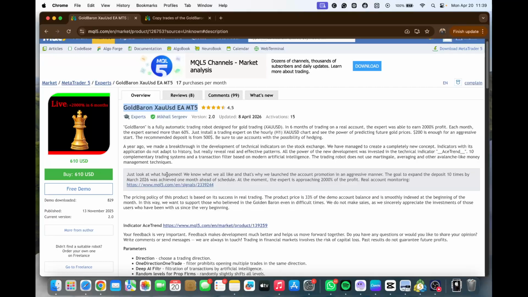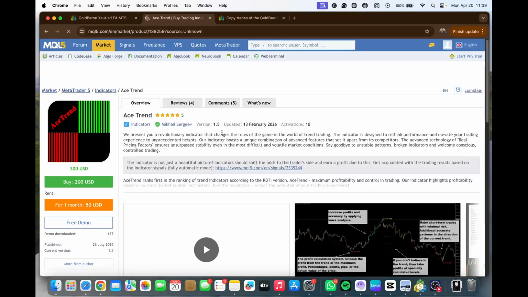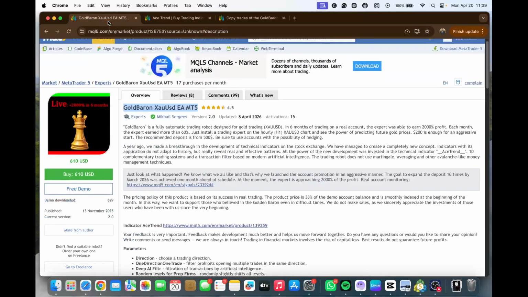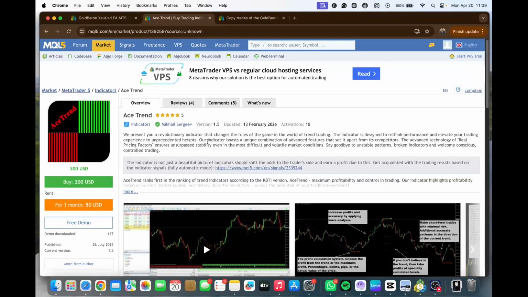the hood. And this is the ACE trend indicator I was talking about, which this EA is based on. Now, this EA is built around this indicator, and the seller says it finds real patterns without curve fitting.